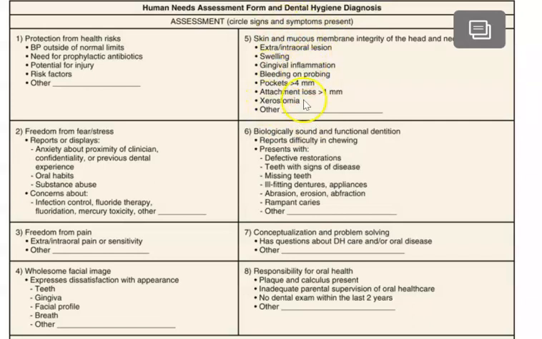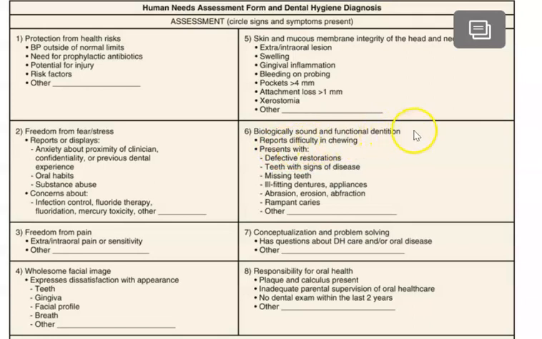So coating on the tongue will fall under here. If you see an intraoral lesion that looks funny, you would put that under skin and mucous membrane. If the gums are really swollen, if there is bleeding, if there are deep pockets, if there is calculus, if there is xerostomia, so they have a dry mouth, all that falls under skin and mucous membrane. So anything like gingivitis, periodontitis, all that falls under here.